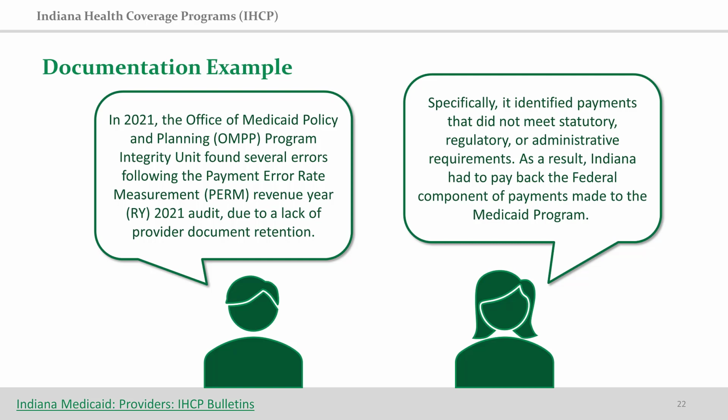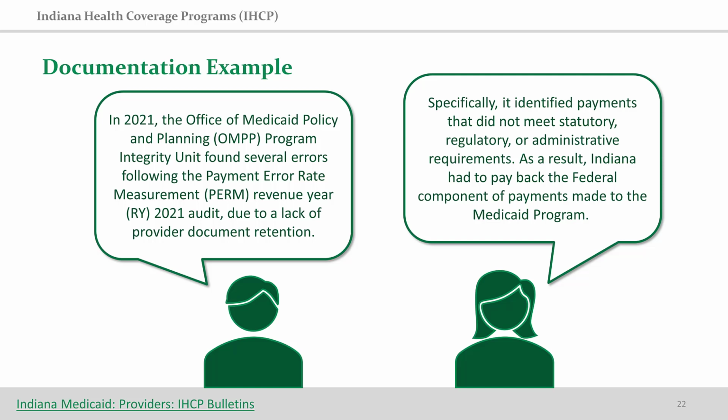The results of the PERM audits are the reflection of the provider community's record retention and documentation standards for the Medicaid and CHIP populations. If records are requested from the providers in response to a PERM audit, are not received, or do not support the services provided, the Indiana State Medicaid program has to pay back the federal component of the payments.